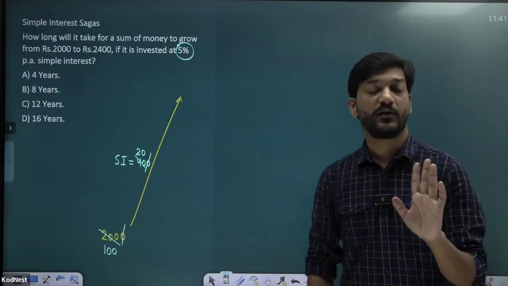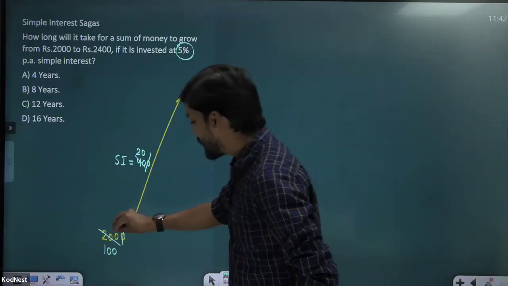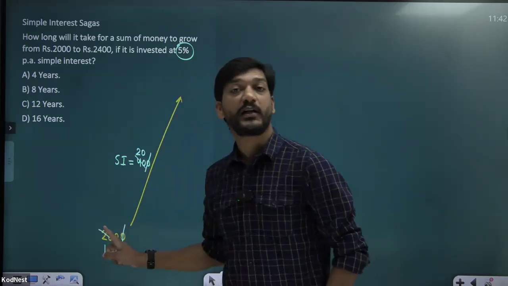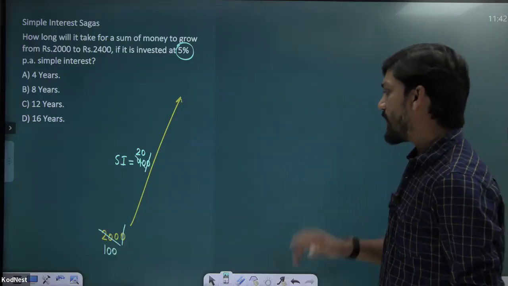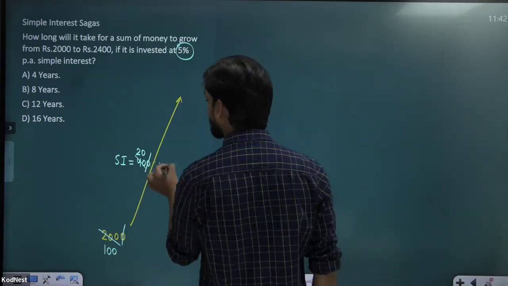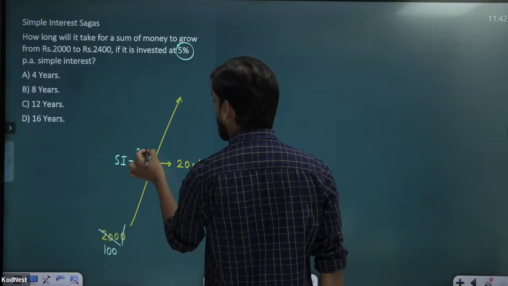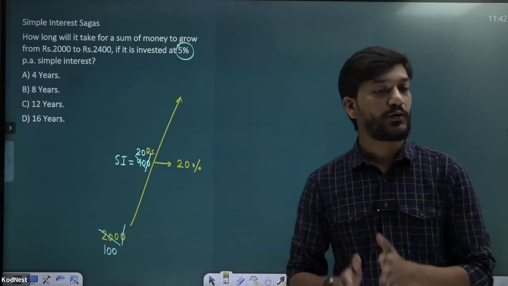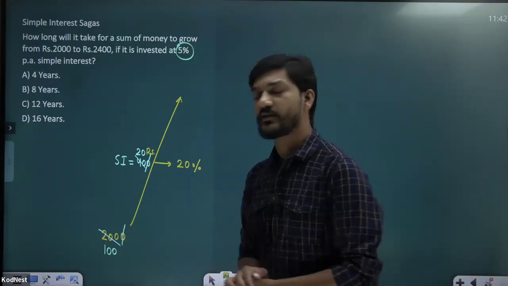All right, now carefully see this. The first thing I have to do, because percentage is given, is create the principal as 100 rupees. Once I have done this, I can say 20 rupees as 20% also, because principal is 100 rupees.